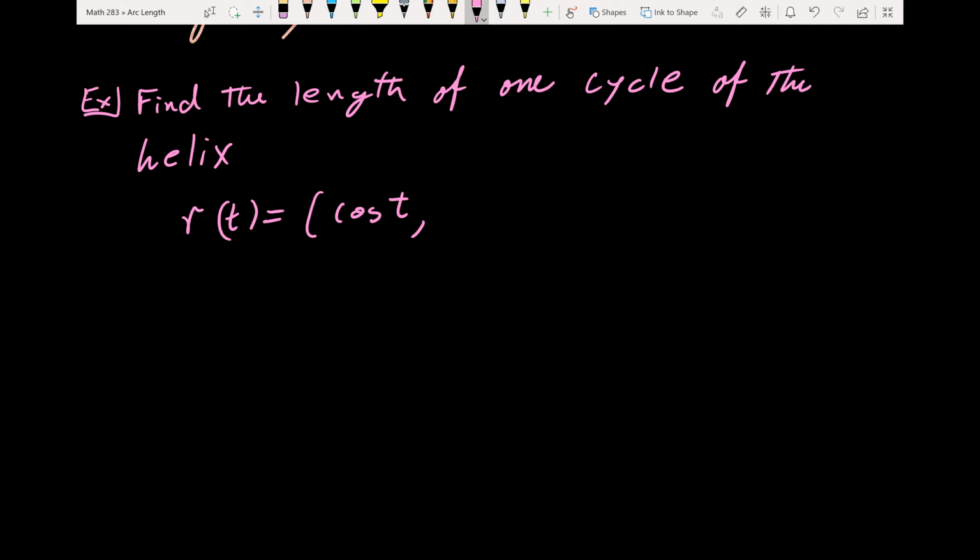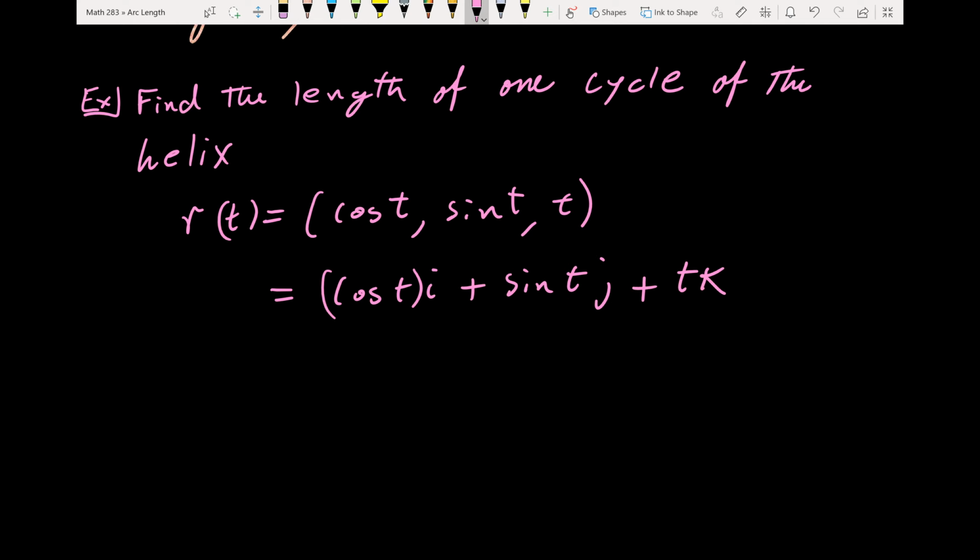Cosine of t, sine of t, and t, which is another way of writing that would be cosine of t i plus sine of t j plus t k. Okay?